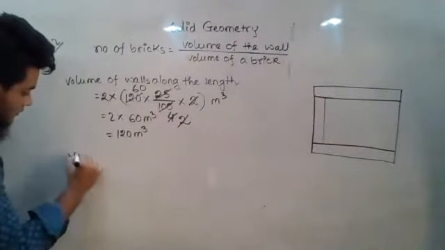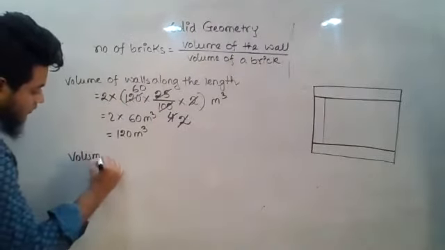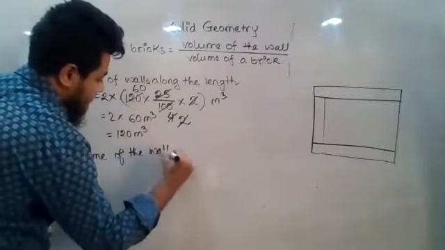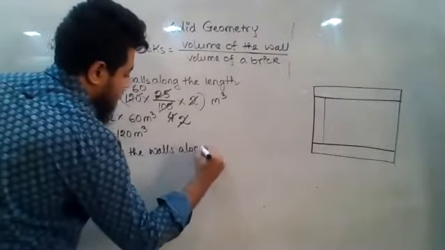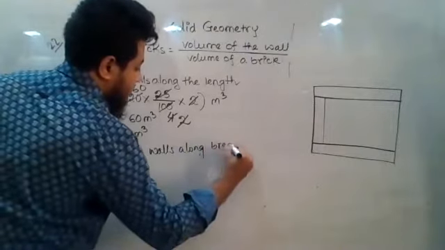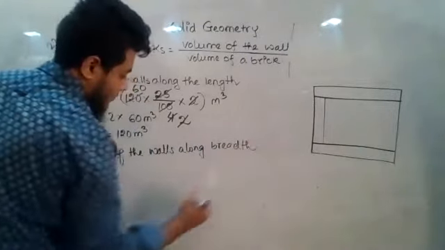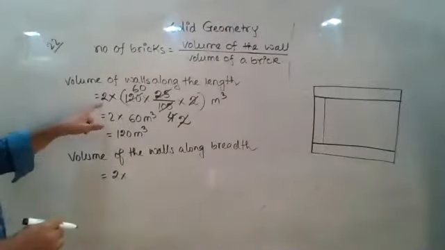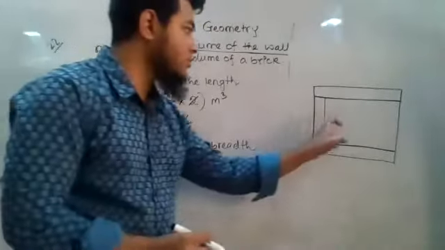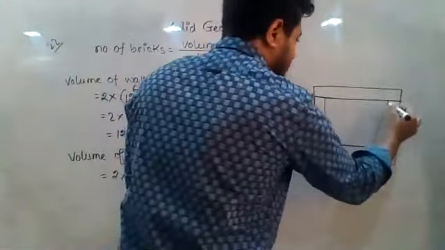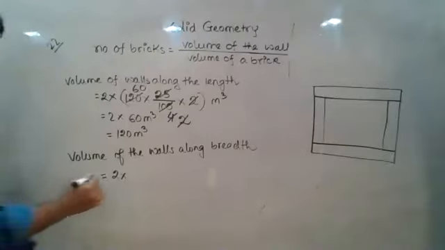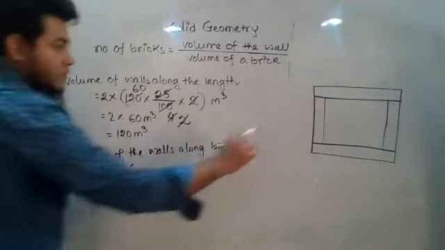Yes, sir. Okay. So now volume of the walls along breadth will be equal to 2 into, okay, why 2 into? You understand, because there will be a similar wall on that side also, right? So now how can you calculate this length?